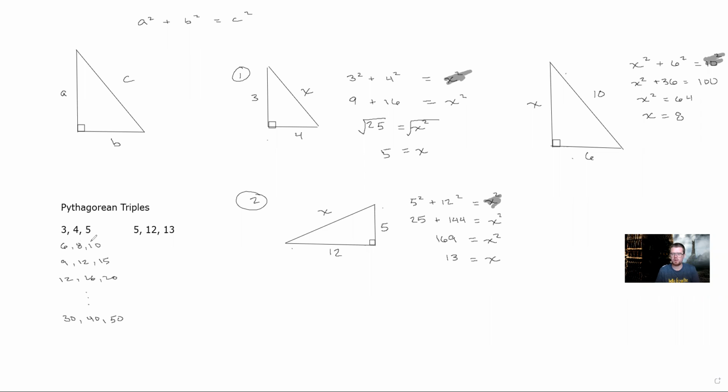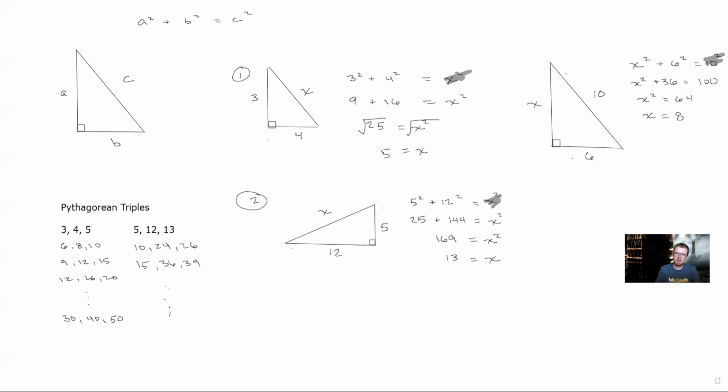So any multiple of those number sets is also a Pythagorean triple. Same thing with 5, 12, and 13. If I multiply it by 2, 10, 24, 26, or if I multiply it by 3, 15, 36, 39, etc. Those are all Pythagorean triples.